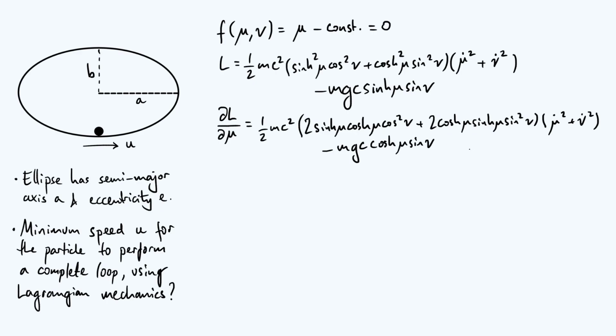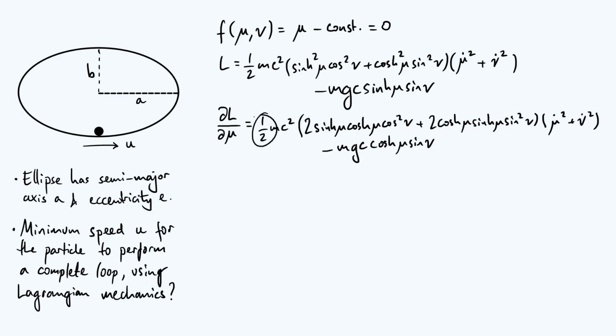Now we can use a useful trig identity here. Notice that you've got 2 sine mu cos mu and then the same thing but flipped around, added to each other with factors of cos squared and sine squared. Now notice that cos squared of anything plus sine squared of anything is equal to 1. And so overall this big bracketed term is just 2 sine mu cos mu.